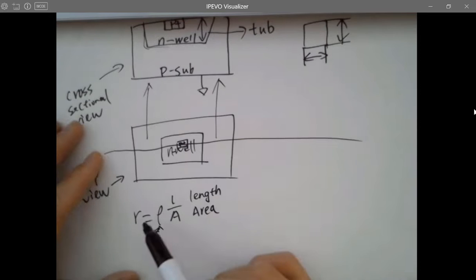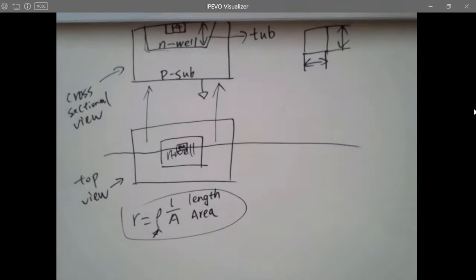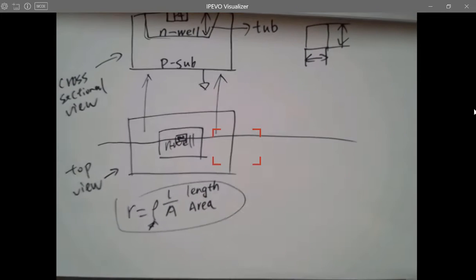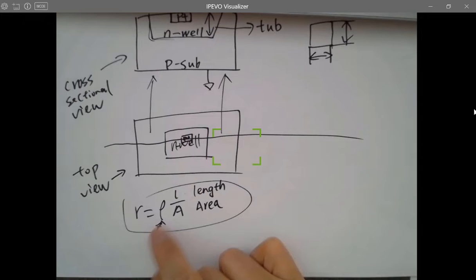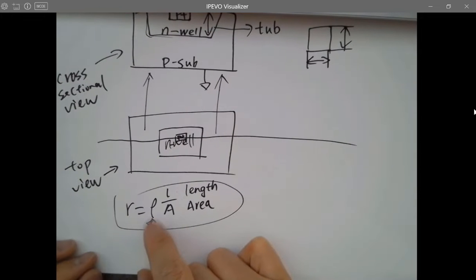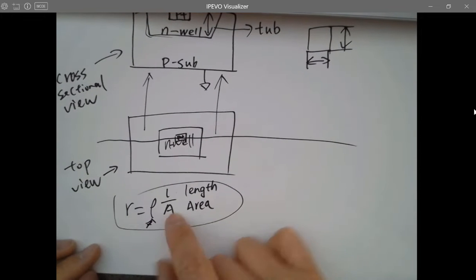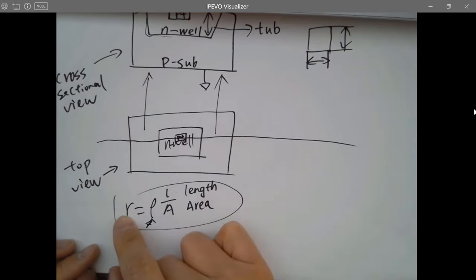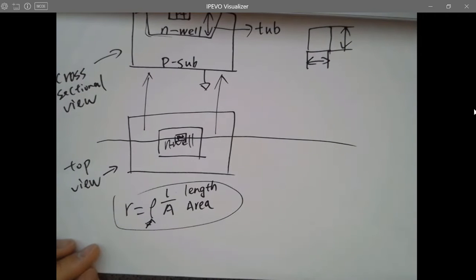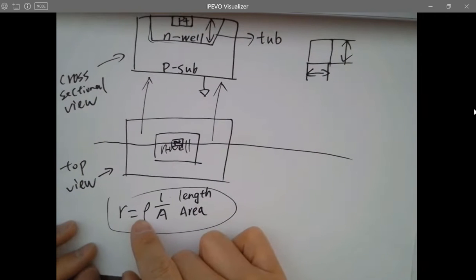You'll still remember this from physics, probably. This is the resistance of the resistor: resistivity times this over this. But when you learned this in physics or in Circuits 1, you were dealing with what?